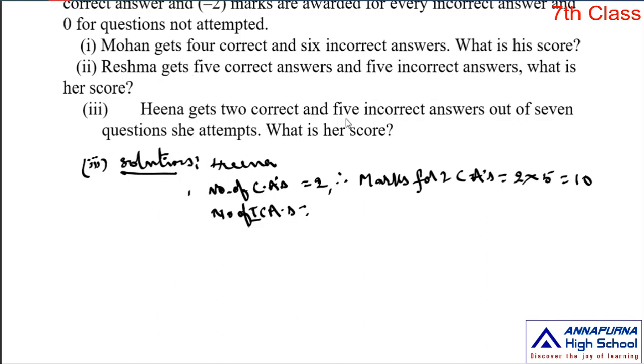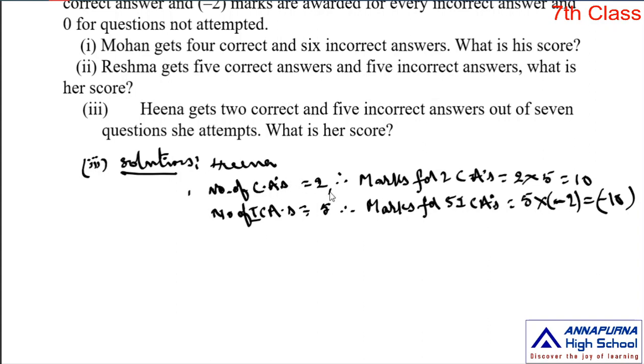Hina gets 2 correct and 5 incorrect answers. So number of incorrect answers is 5. Therefore marks for 5 incorrect answers is equal to 5 into minus 2, which is equal to minus 10.